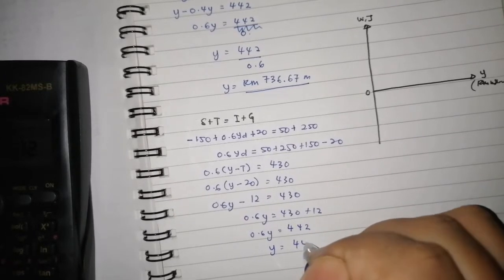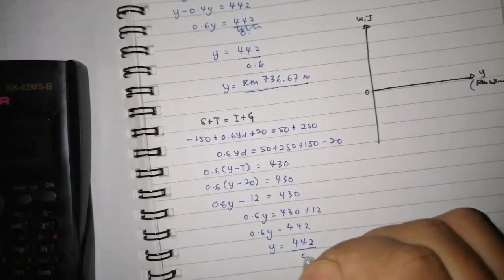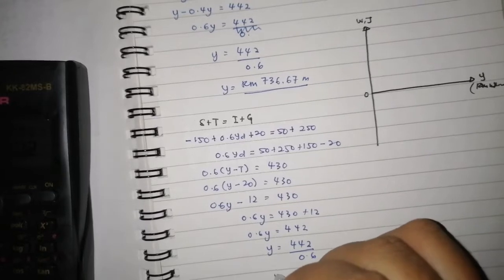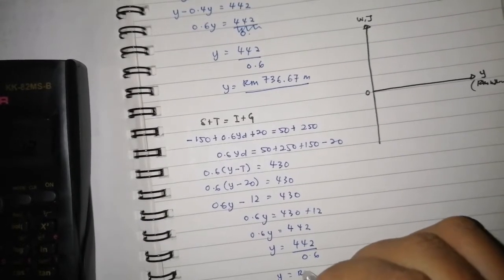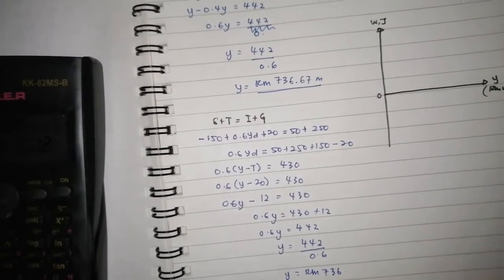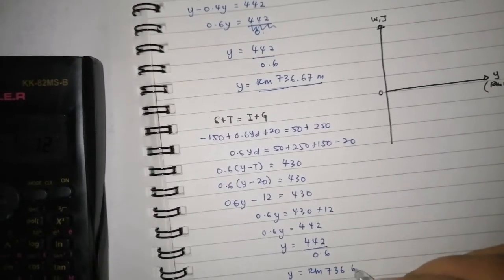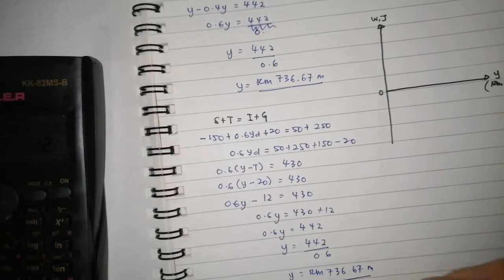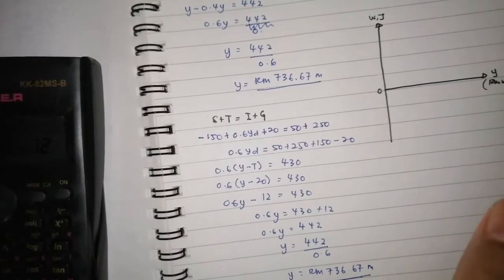Y equal to 442 divide 0.6. So you get Y equal RM 736.67 million.